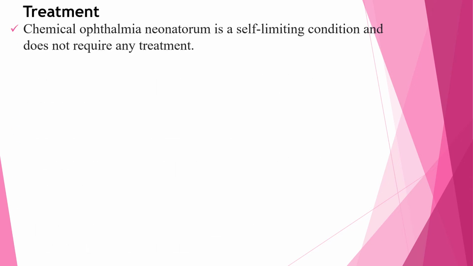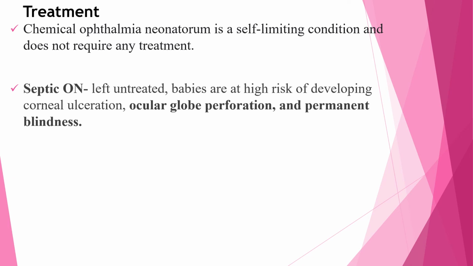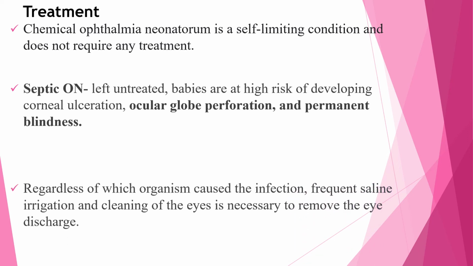When we look at treatment of Ophthalmia Neonatorum, chemical Ophthalmia Neonatorum is a self-limiting condition and does not require any treatment. Regarding septic Ophthalmia Neonatorum, if the etiology is bacterial or viral and it is left untreated, babies are at high risk of developing corneal ulceration, ocular globe perforation, and permanent blindness, especially in the case of Neisseria gonorrhoeae.